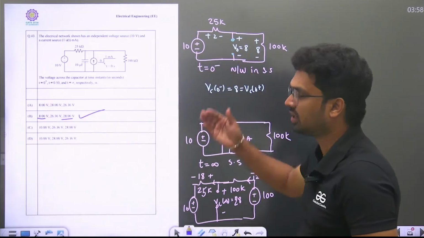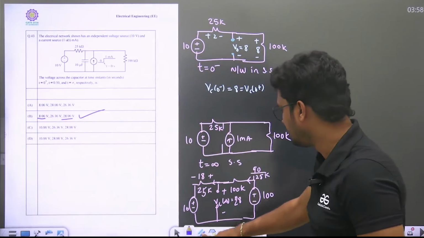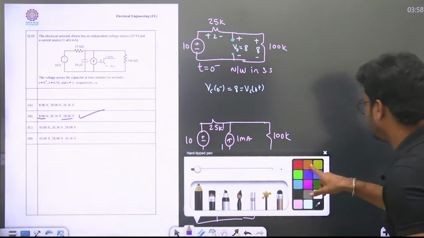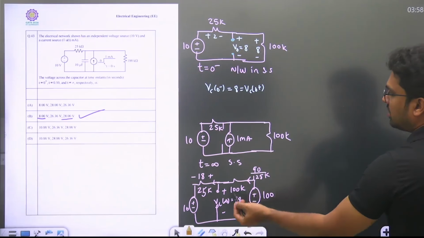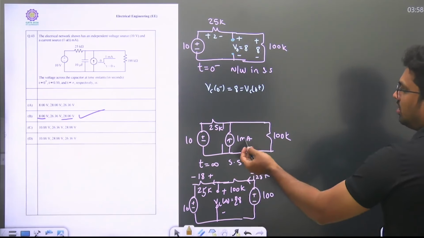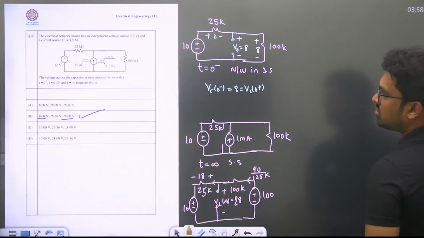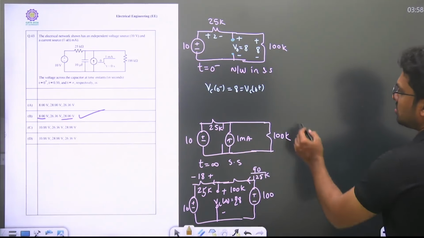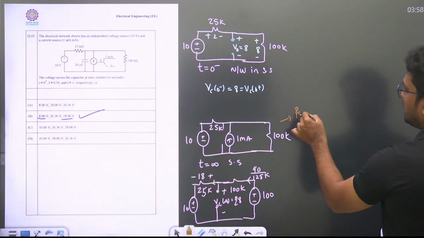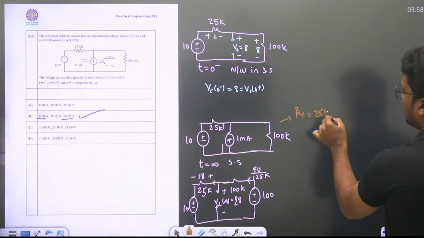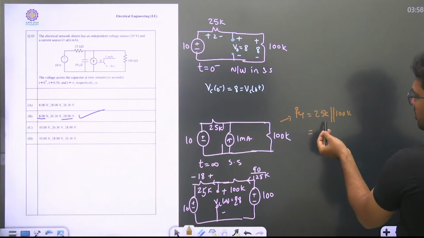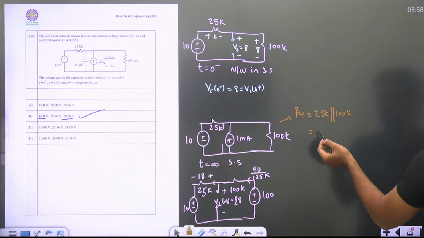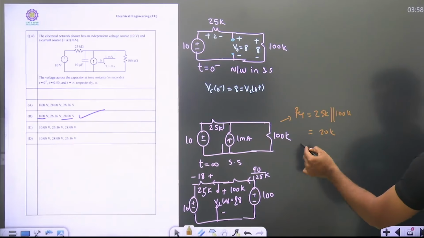Sir, why can't you find it at 0.5? I can find it. See here, for this network I know the initial value and final value. Find the time constant of the network for t greater than or equal to 0. The current source you can neglect as open circuit, and the voltage source as short circuit. What is R equivalent? 25k parallel with 100k. You can write this as 100k by 5, which is 20k.